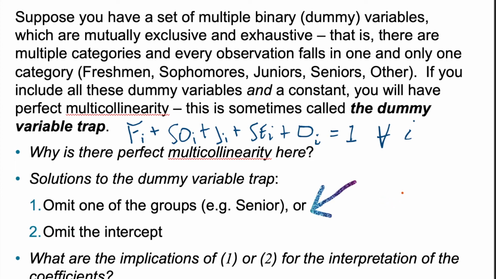So if we omit senior and we look at the beta on freshman, on F_i, then beta F on freshman is going to give us the effect of freshman on the outcome variable, its difference between F_i and senior. Alright, so we have the relative difference between freshman and senior.